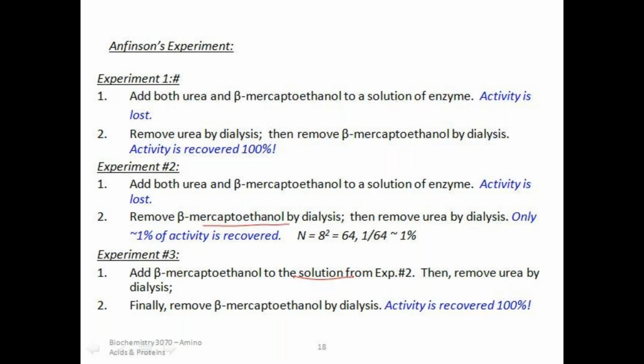That means the enzyme activity is lost. Here the blue ones indicate the enzyme activity.